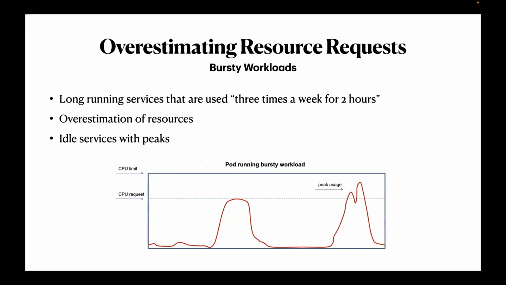The second reason for huge overestimation is long-running jobs typical for scientific computations. I distinguish between two types of long-running jobs. The first type are long-running jobs, or better said services, that are run something like 3 times a week for 2 hours.